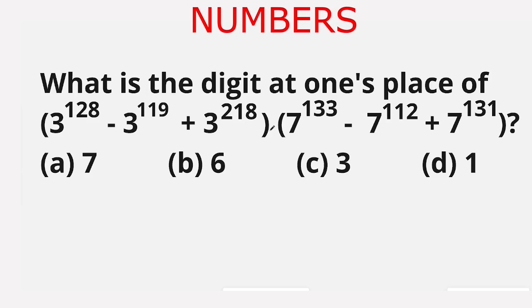These all are in one parenthesis multiplied by, in another parenthesis, 7 to the power 133 minus 7 to the power 112 plus 7 to the power 131. The given options are option A 7, option B 6, option C 3, option D 1.